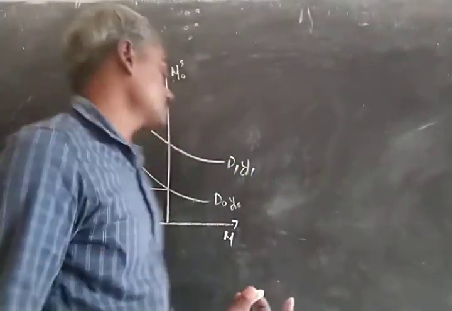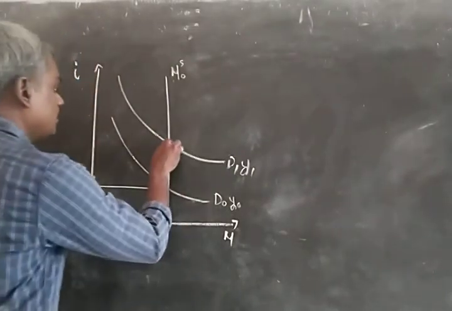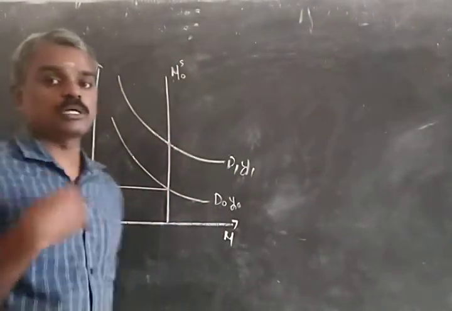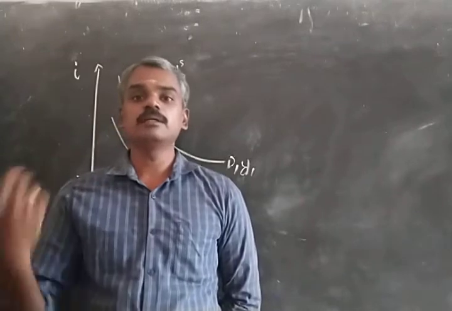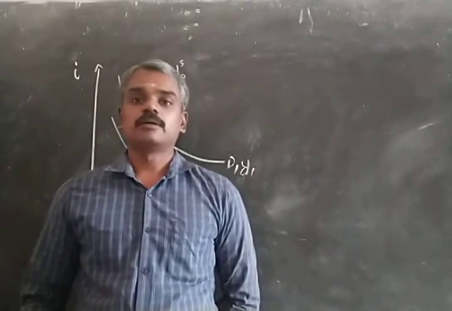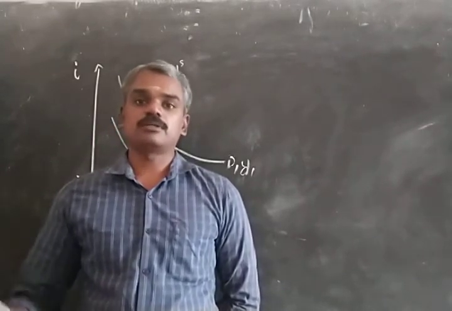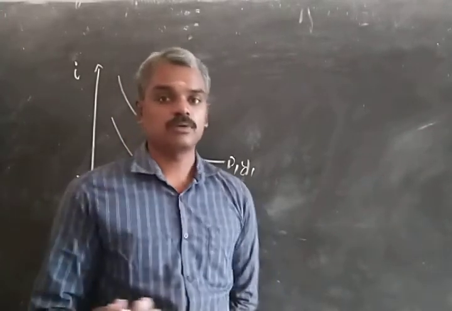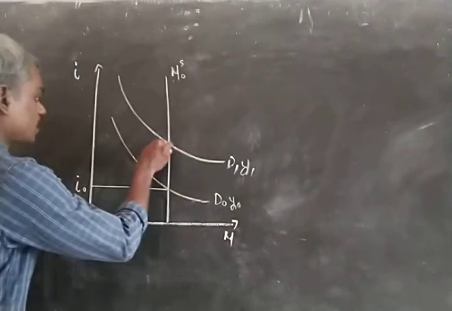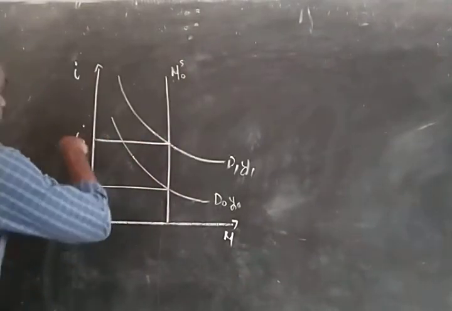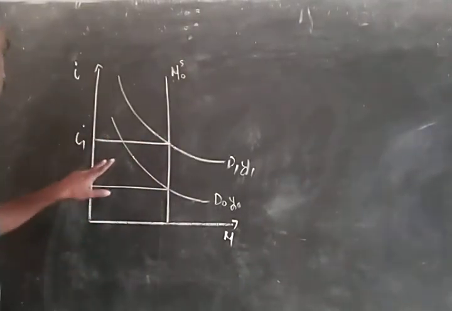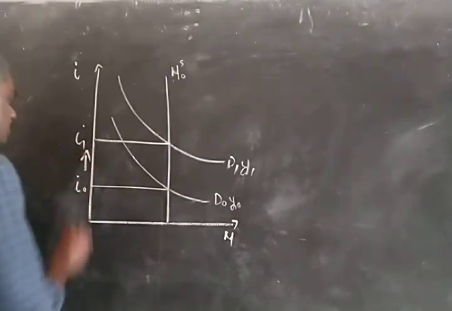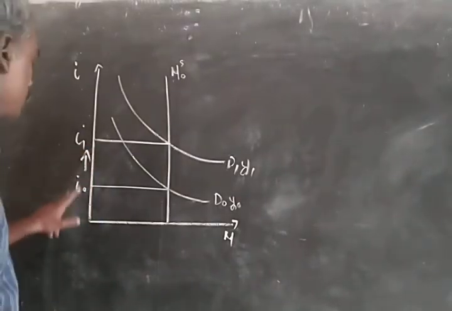For this higher demand for money to be equal to supply of money, we need an increase in the rate of interest, which reduces the speculative demand for money. The increased part of demand is neutralized, and it is again equal to supply of money. For this we need an increase in interest rate from I0 to I1.